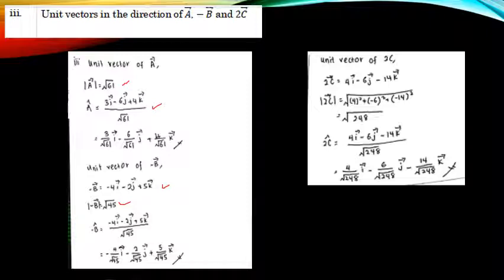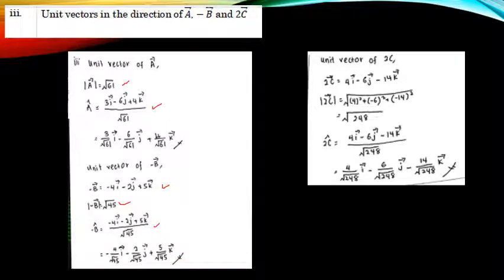The magnitude of negative B is the same as the magnitude of B, which is square root 45. Using the unit vector formula, the answer for the unit vector of negative B is negative 4 over square root 45 i minus 2 over square root 45 j plus 5 over square root 45 k.